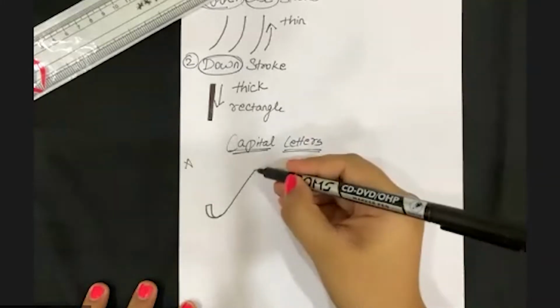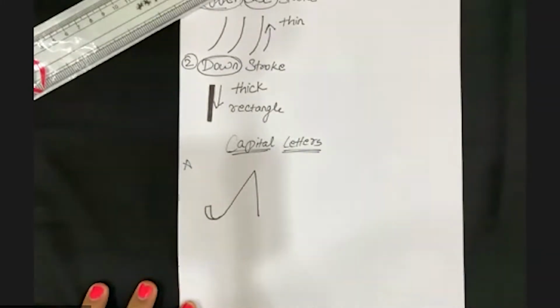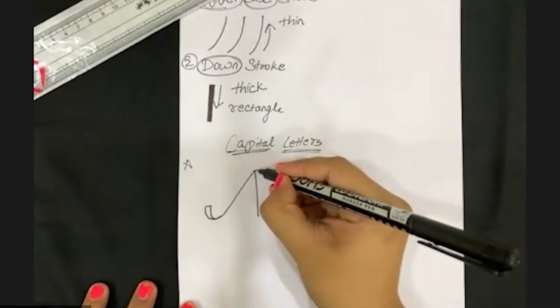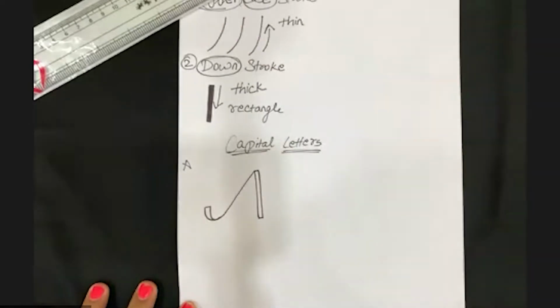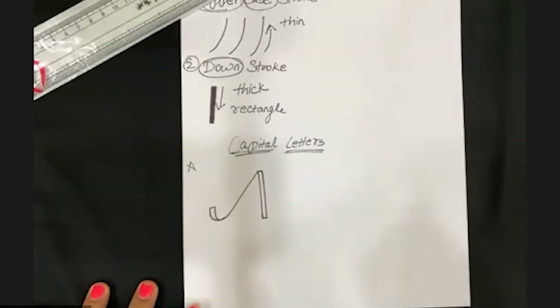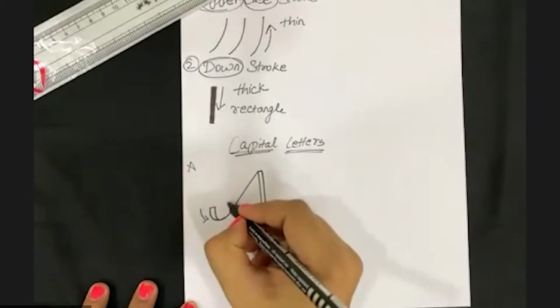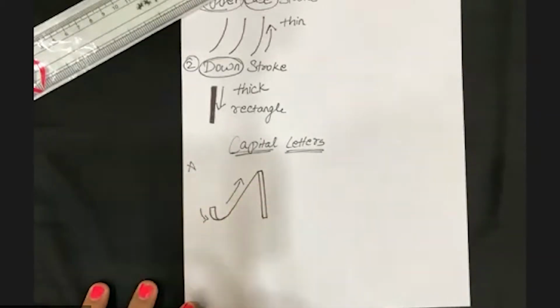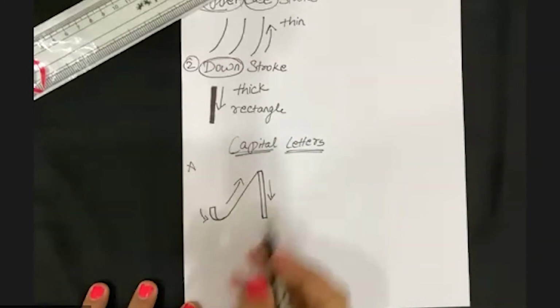Again, this is my downstroke, so I'm going to make it thick like a rectangle. As I told you, the downstroke should be thick, the upper stroke should be thin, and again the downstroke should be thick.